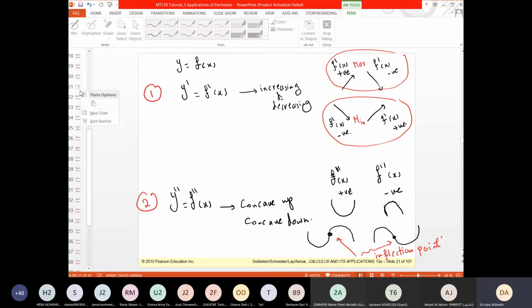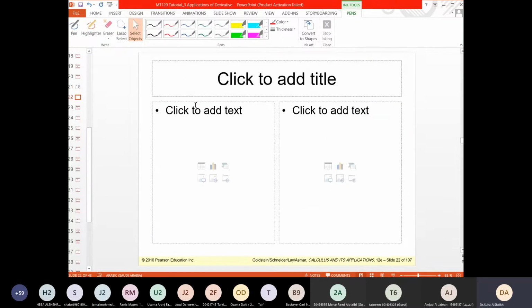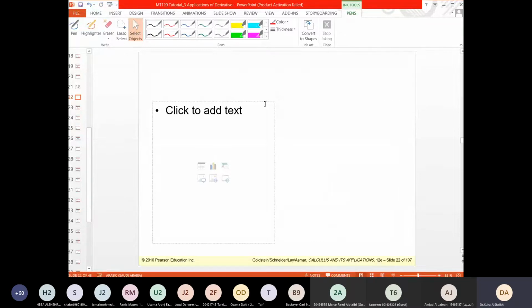Then we talk about the first and the second derivative test now. Okay, I have the first and I have the second derivative test.